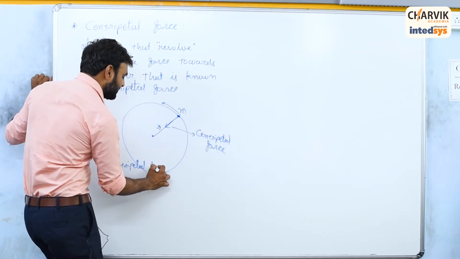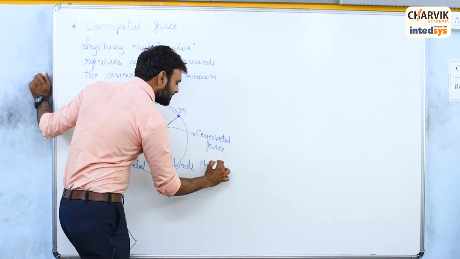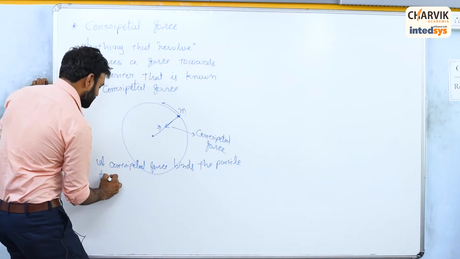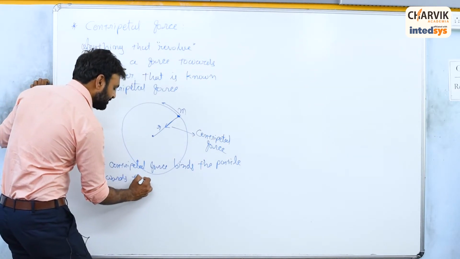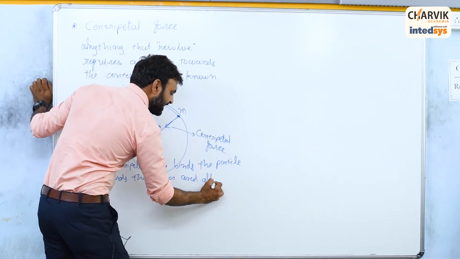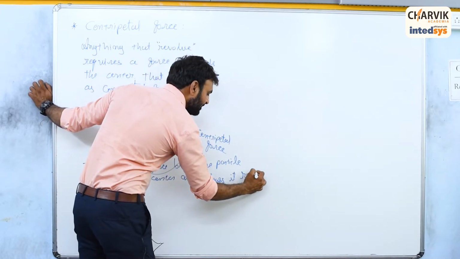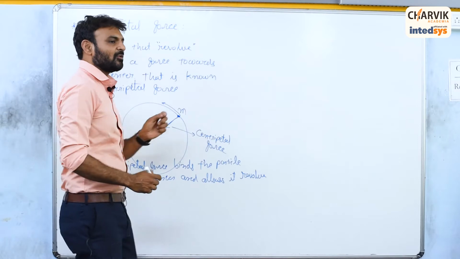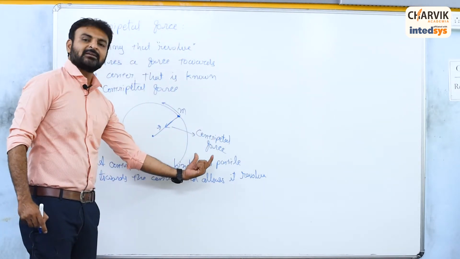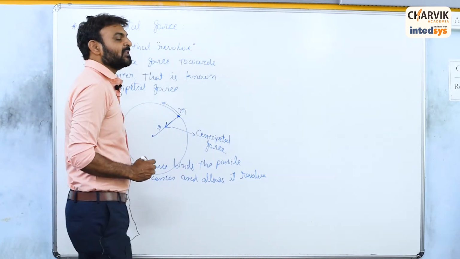A centripetal force binds the particle towards the center and allows it to revolve. It means if you want to revolve on any circle, it requires a force, and that force is centripetal force. Centripetal force acts towards the center.